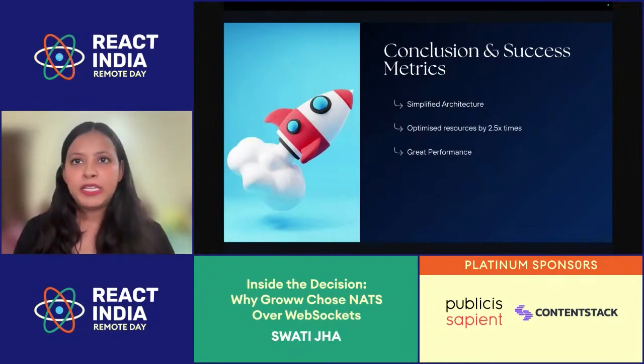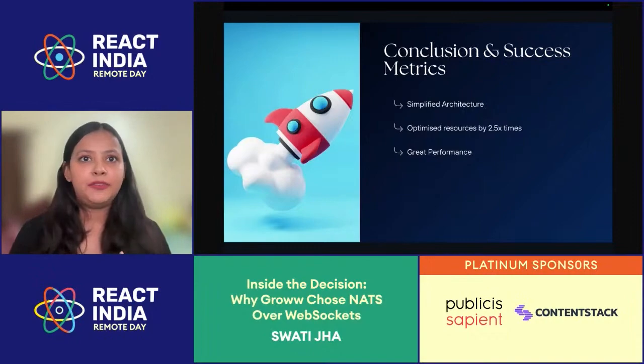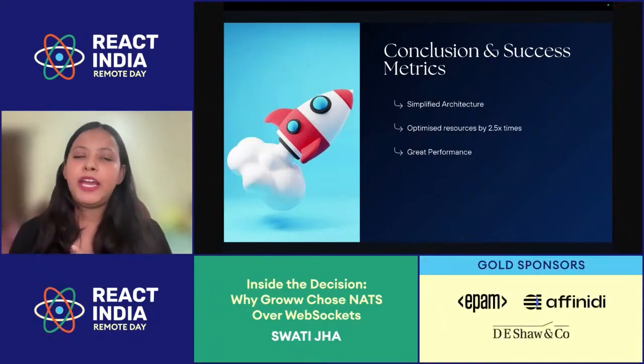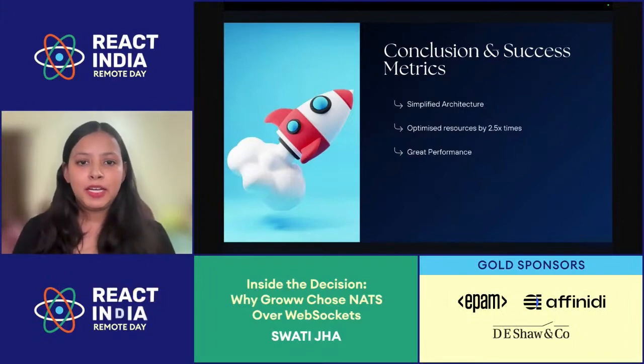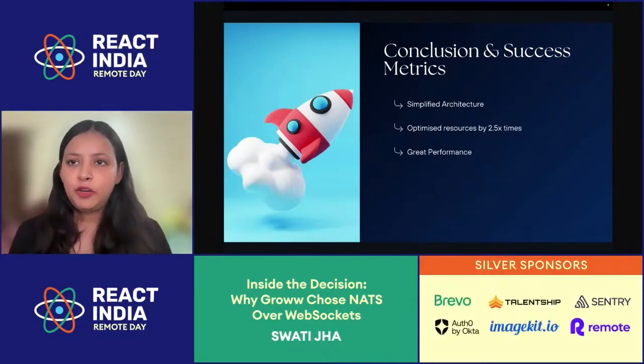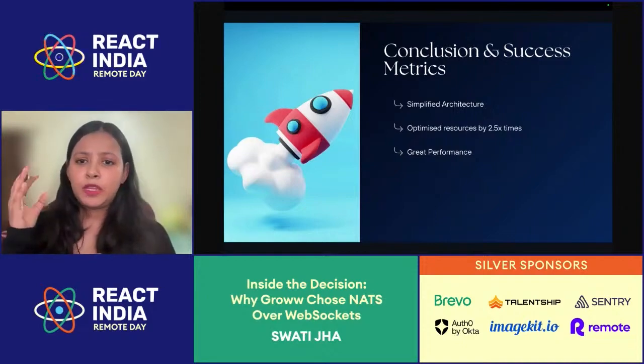NATS is scalable and flexible because of the subjects. Second thing is NATS doesn't have retention. Because of that, it ensures that we have instant delivery. Third thing is that we have real time user specific subscription, which means that without any need of any extra mechanism, we can get real time, user specific data.